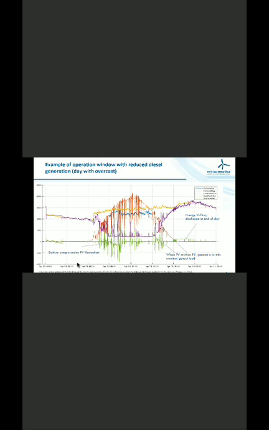And finally, operation without diesel is possible. It has been shown here in these measurements. You can see it here where a larger battery is now included, and a larger PV system. And what we can see here, the diesel is ramped down, it's going to a certain minimal, and then it's switching off as soon as the battery has a certain amount of storage inside, and it continues to operate from here onwards during the day purely on PV and battery.